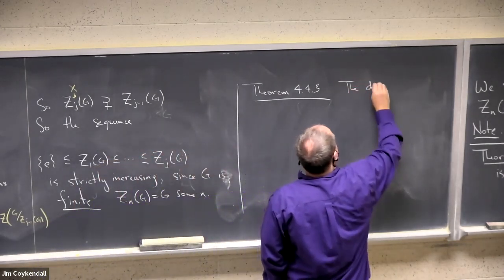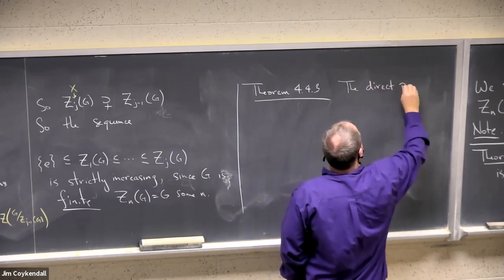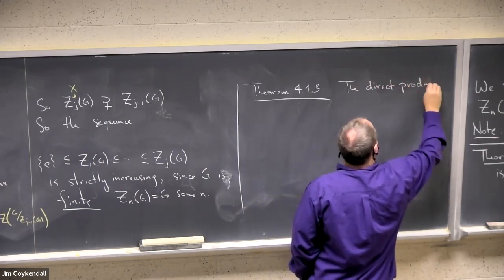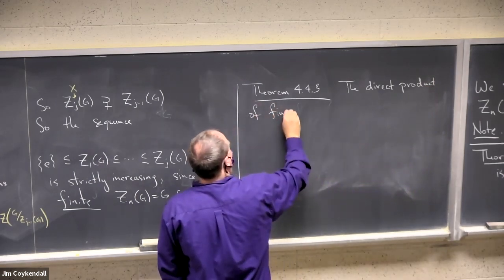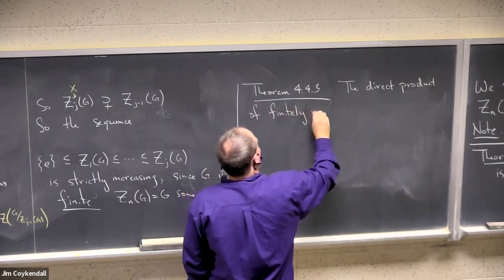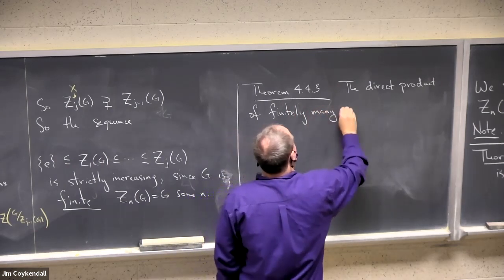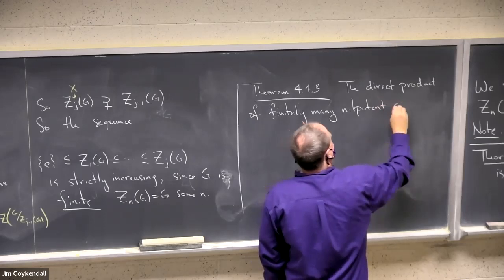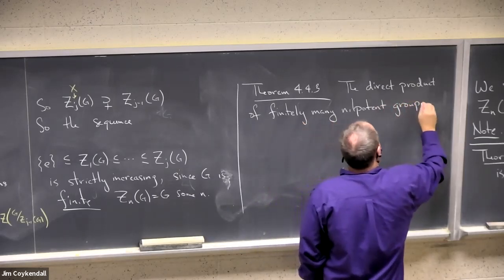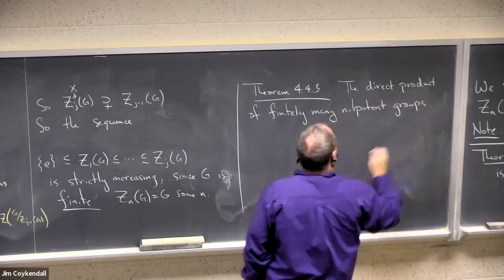The direct product of finitely many nilpotent groups is nilpotent.